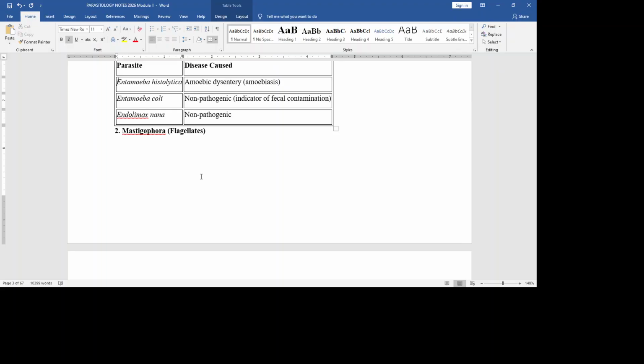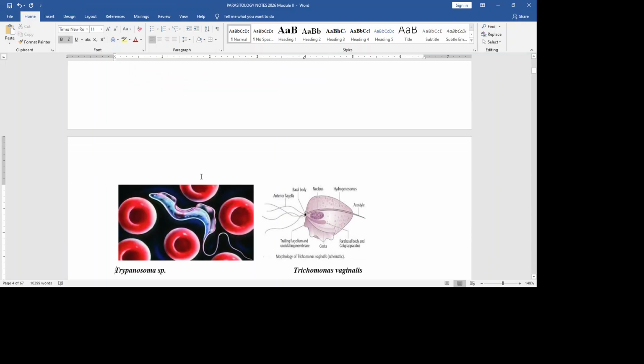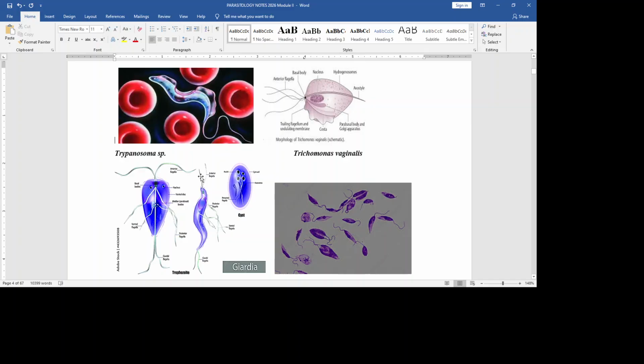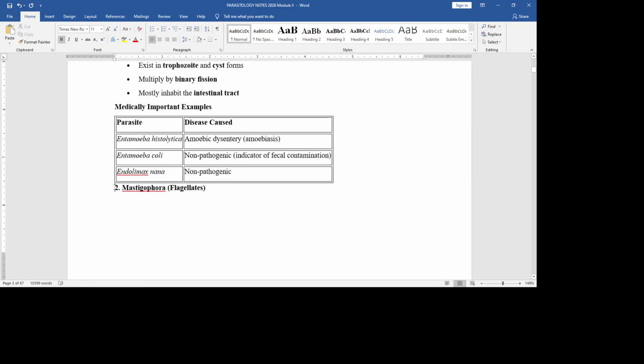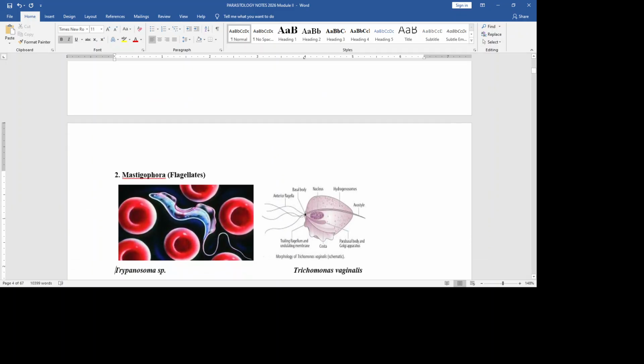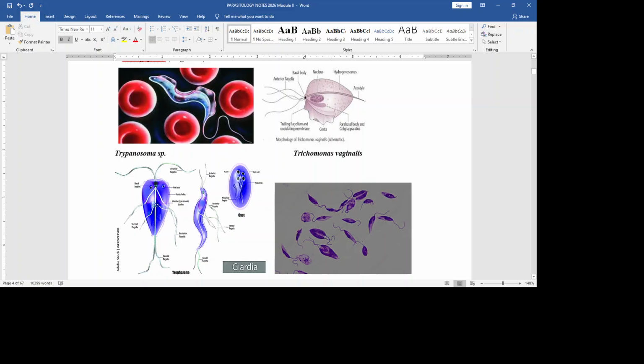Then we have the Mastigophora. These are the flagellates, and they move with the help of the flagella, and they may have one or multiple flagella which aid in motion.